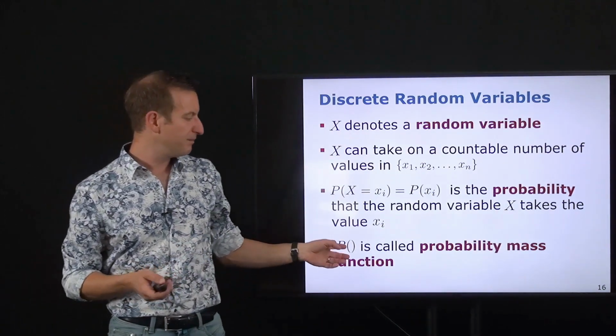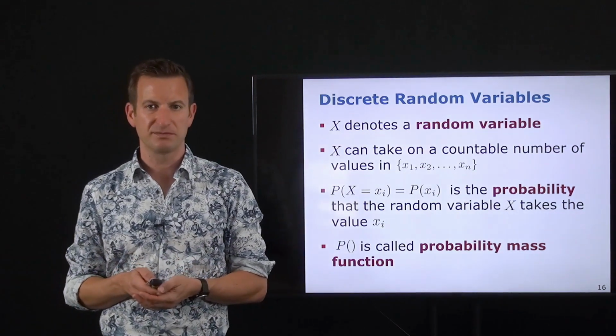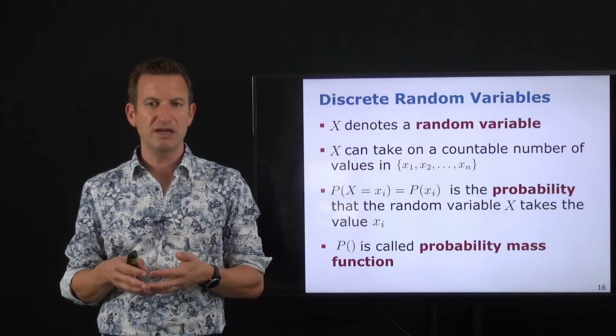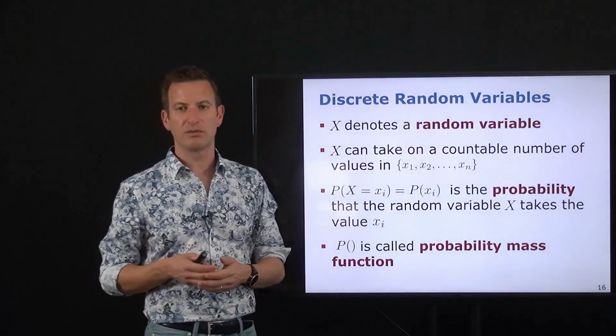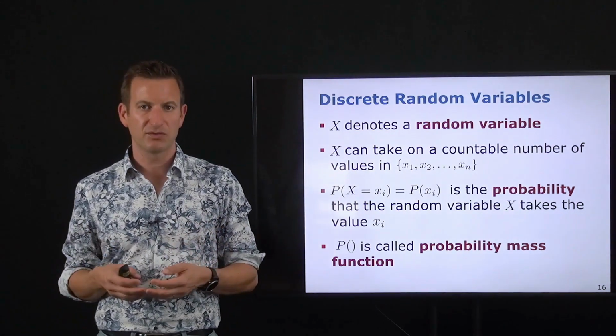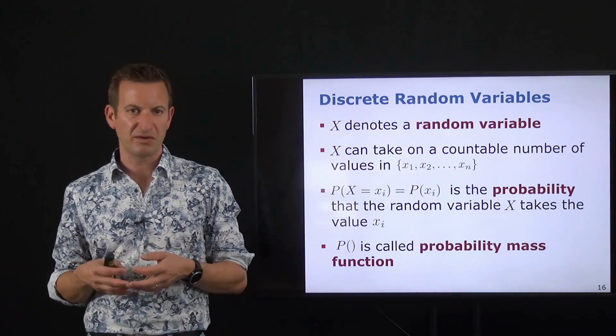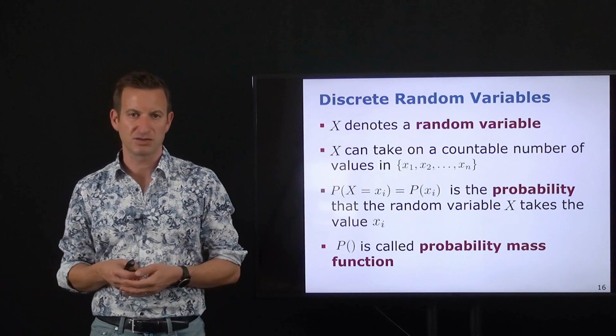And the function P is called a probability function or probability mass function. This holds for discrete random variables, that means random variables which take a countable number of possible values. This is what we call a discrete random variable and the associated probability mass function.